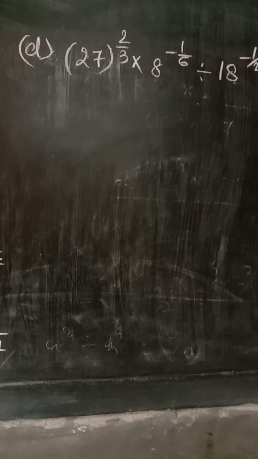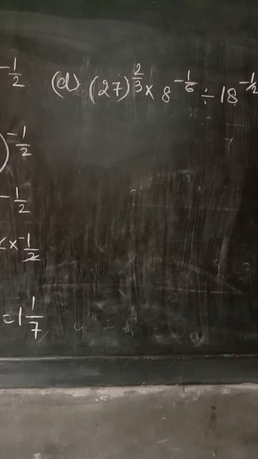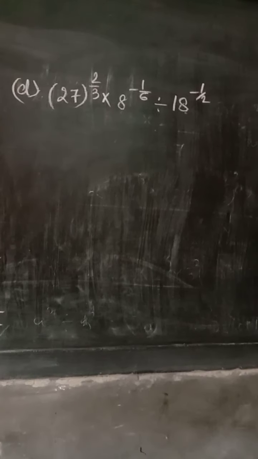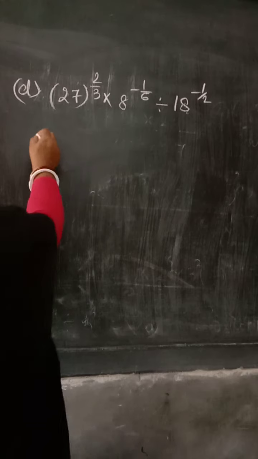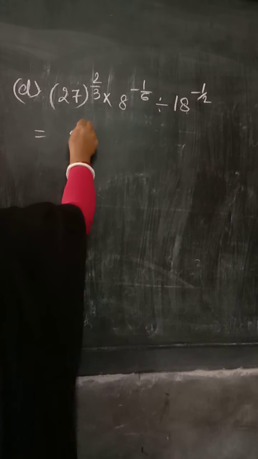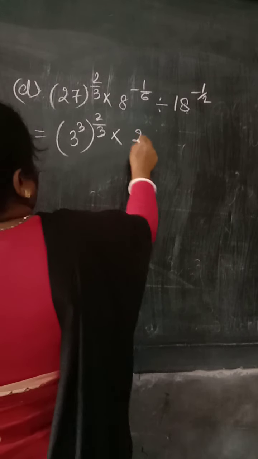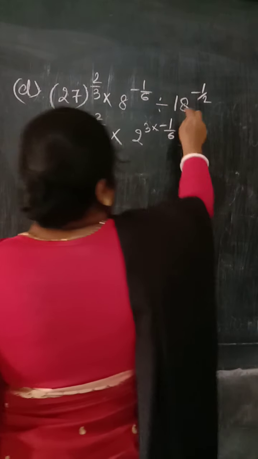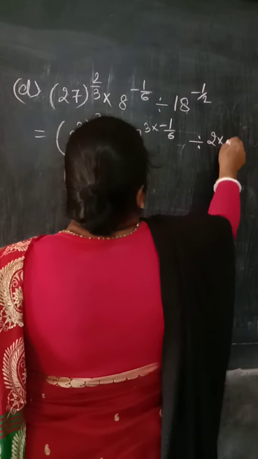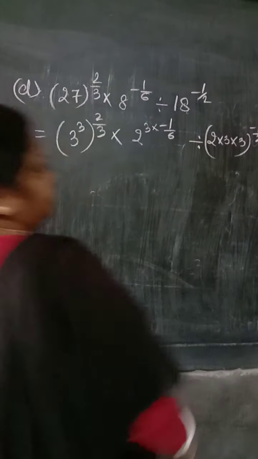As I have told you, we have to break the numbers in prime factors. So this 27 could be written as 3 cube to the power 2 by 3 into 2 cube to the power minus 1 by 6 divided by, this can be written 2 3s are 6, 3 6s are 18, to the power minus 1 by 2.